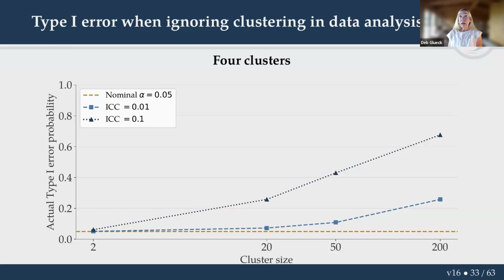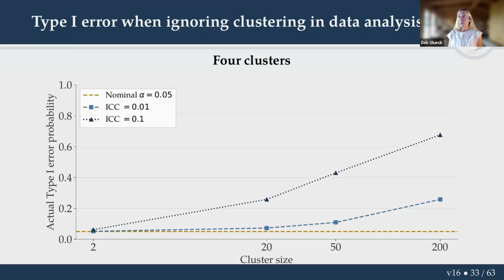You can see here that as the interclass correlation becomes higher, the type 1 error rate increases, and this is the observed actual type 1 error probability when clustering is ignored. So our goal is to have a type 1 error rate of 0.05, and here we see a strong increase in type 1 error rate for studies with clusters when cluster is ignored.